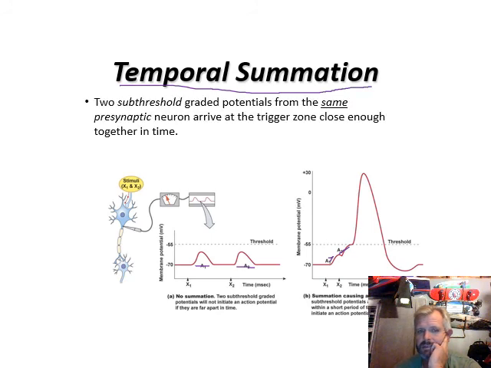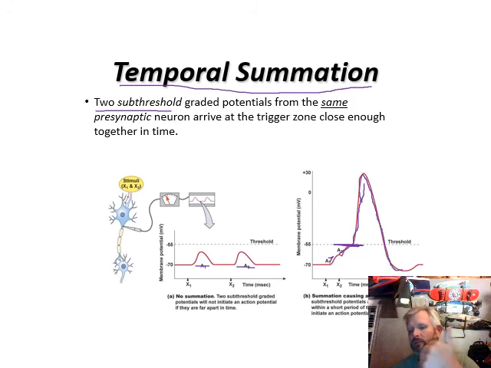So two subthreshold graded potentials, but from the same presynaptic neuron. It's just that they are so close in time that they can have an added effect on each other, and if they're strong enough at the axon hillock, they can reach threshold to initiate our action potential here.